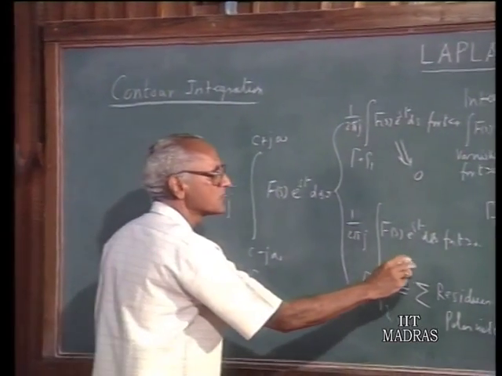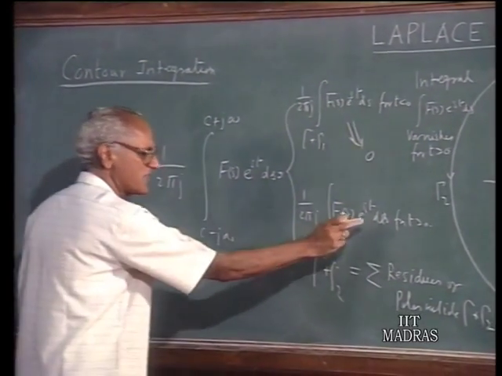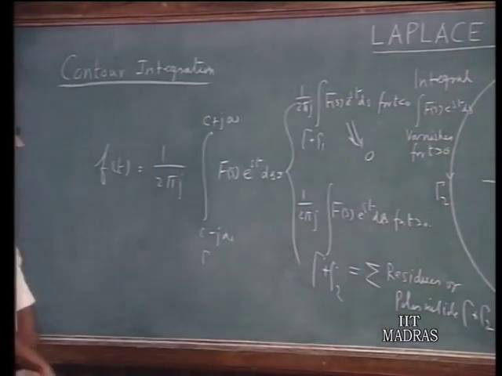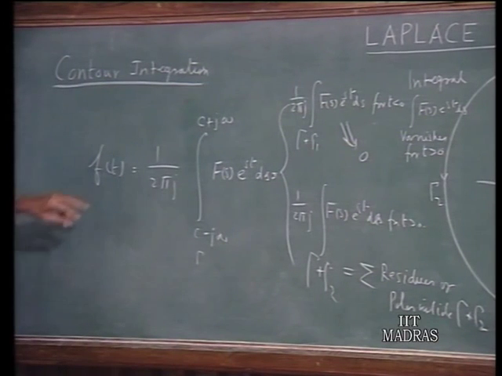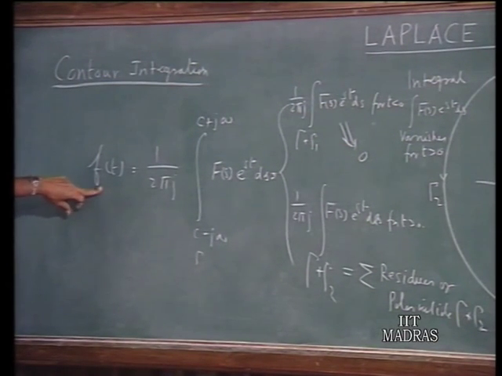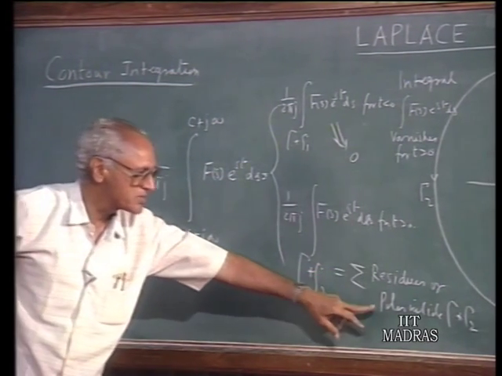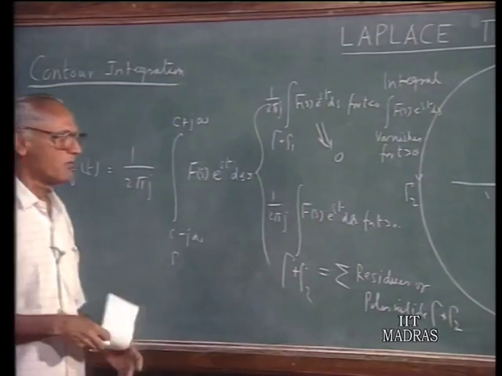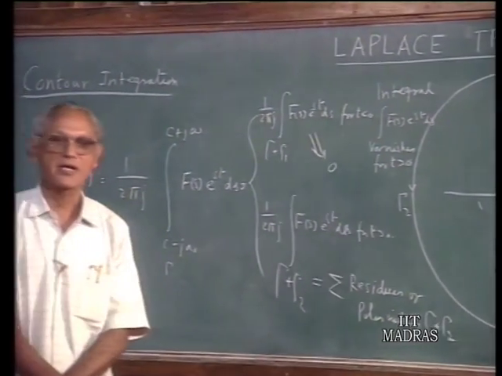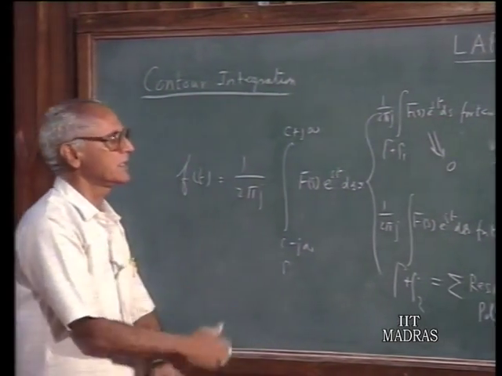This is for t greater than 0, and this is for t less than 0. So in the inverse Laplace transform, f of t will be identically 0 for t less than 0 because of this, and for t greater than 0 it is equal to the sum of the residues of the poles inside this.